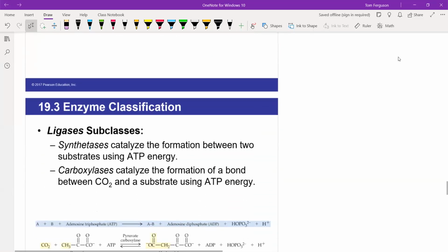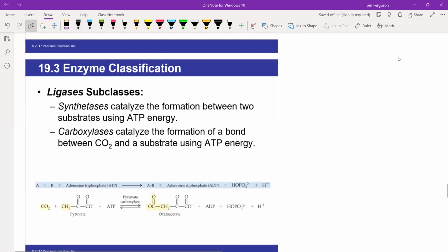Let's see, ligases. Now they catalyze the formation of a bond between two substrates. Sometimes it's forming a phosphorylation, for example.